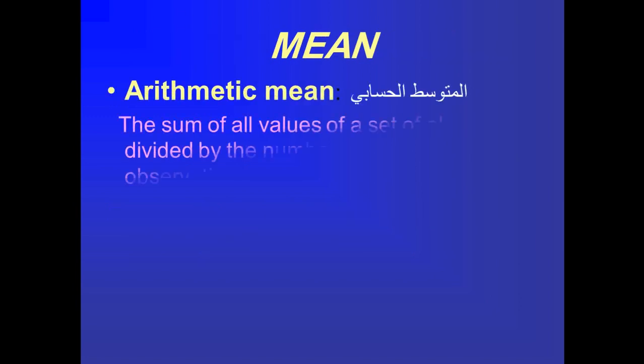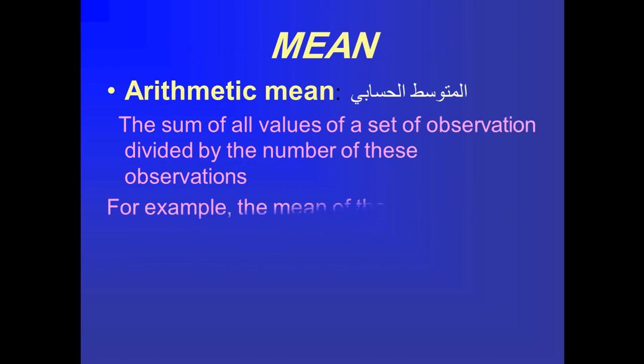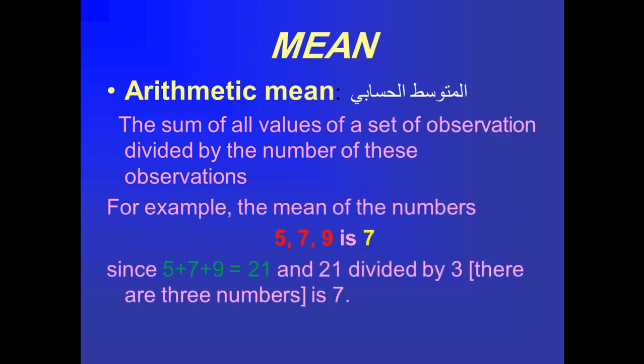So first of all, of central tendency, we have to know what's the mean. The mean is the arithmetic mean. It is the sum of all values of a set of observations divided by the number of these observations. For example, we have the numbers 5, 7, 9. The mean of these numbers is 7. How do we know that this is the mean? We have to add these numbers together, 5, 7, 9, and it equals 21.